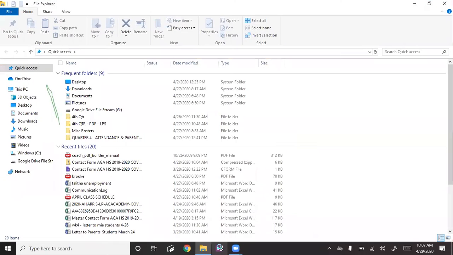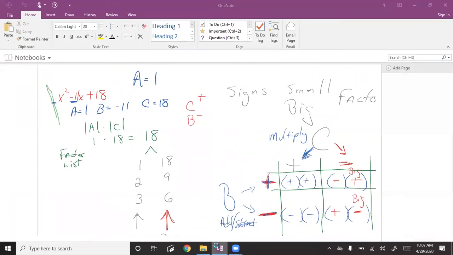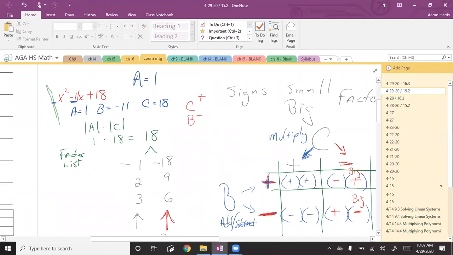Here we go, right back at it. All right, so we've got negative, negative, negative, negative, negative, negative, equals. And we want that to equal B. And B is equal to what? Negative 11. So negative 1, negative 18, negative 19. Negative 2, negative 9, negative 11. Negative 3, negative 6, negative 9.